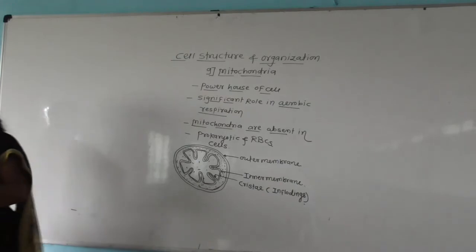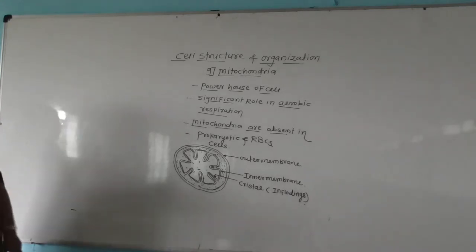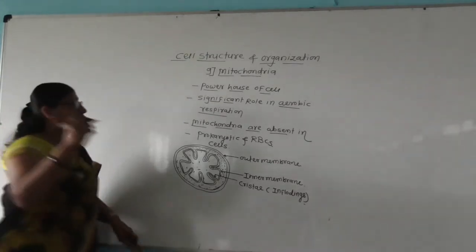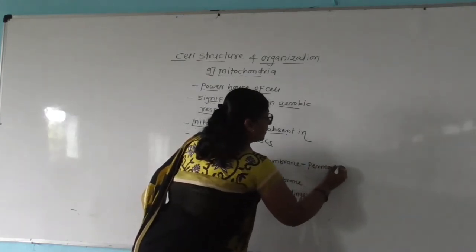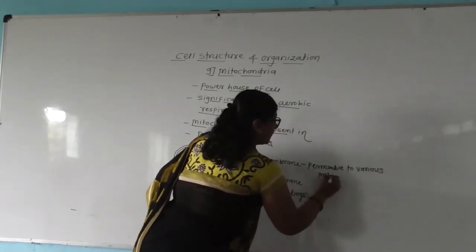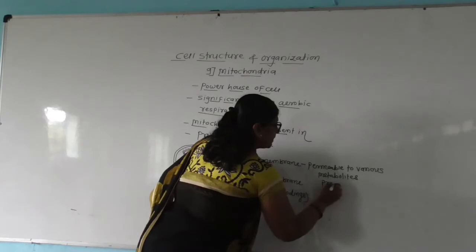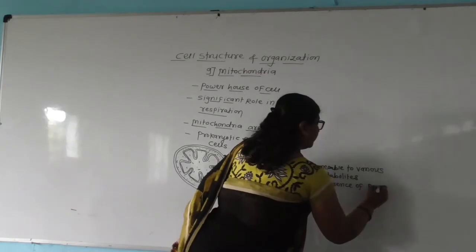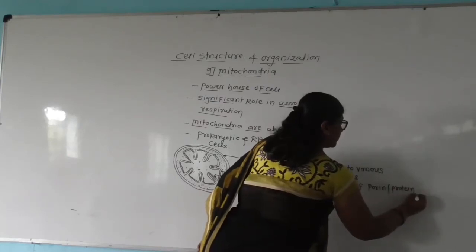Mitochondria is a double membrane bound organelle. The outer membrane is permeable to various metabolites due to the presence of porins, or protein particles.